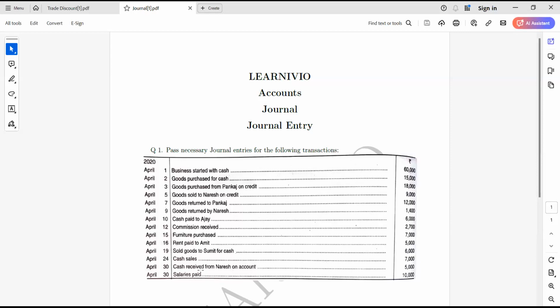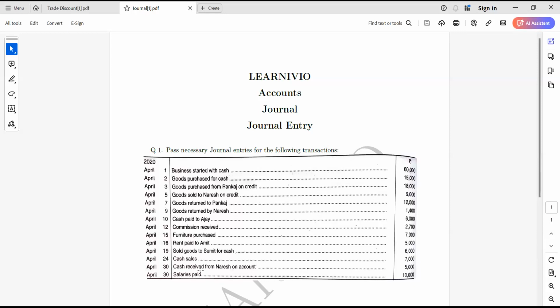Whenever you pay any expenses, you pay it in cash, but you cannot replace the expense with cash, because cash is a real account and rent is a nominal account. These two things are different. You cannot use one instead of the other. So rent account debit to cash account.